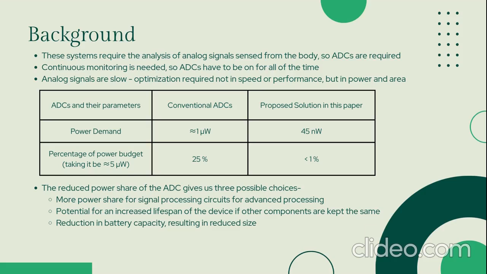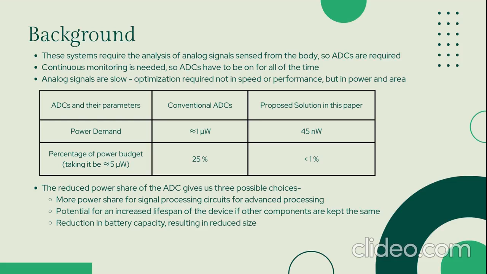Now, all these implants analyze different body signals such as cardiac rhythm, iron concentration, or blood density and flow rate. All these signals are essentially analog signals translated to the electrical domain using different sensors. These analog signals need to be sampled by analog to digital converters or ADCs.